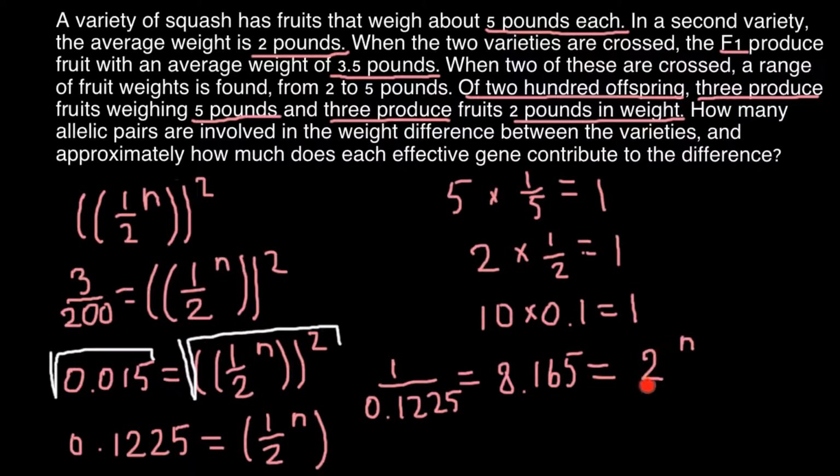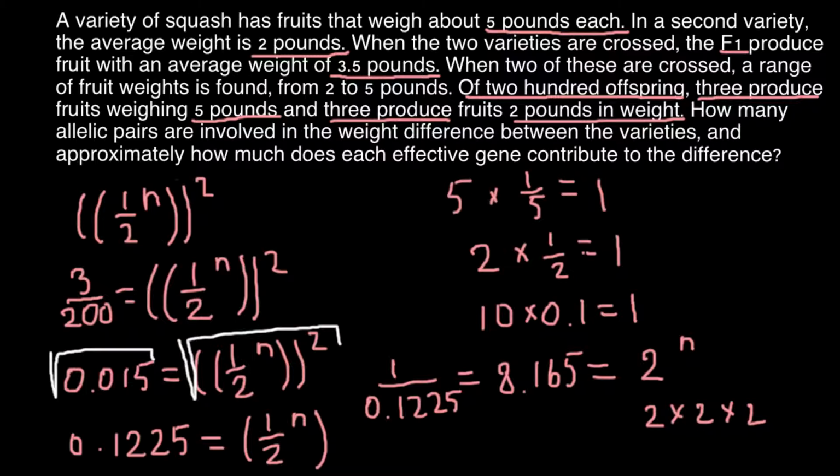So we have to multiply 2, 3 times by itself. So we also can say that 2 multiplied by 2 and multiplied by 2 is going to be 8. And 8 is very close to this number.